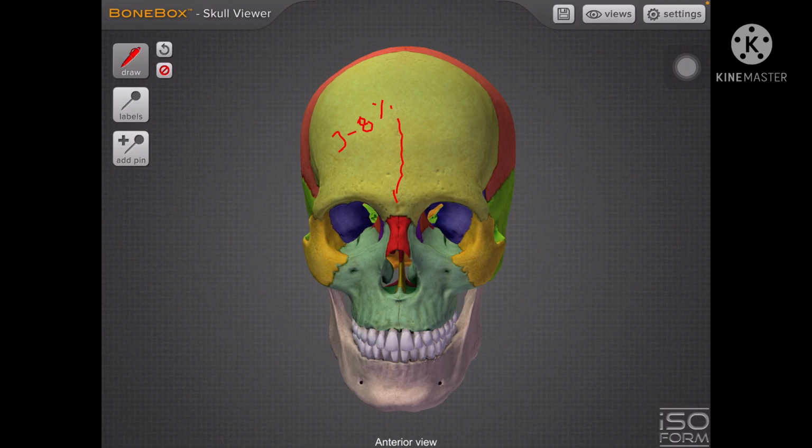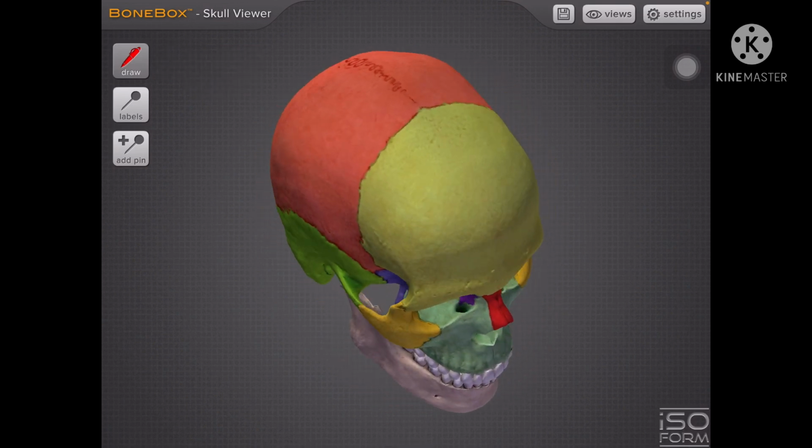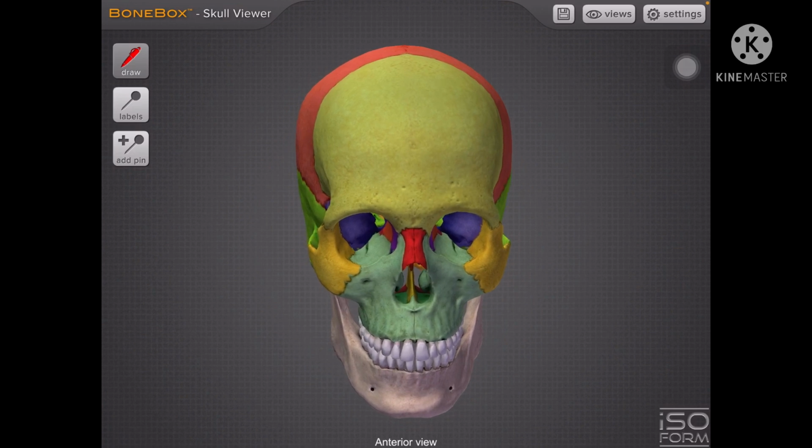It usually closes or fuses by the age of 6 years, in most individuals. You can see it only in 3 to 8% of cases. These are the various sutures that you see in the human skull.